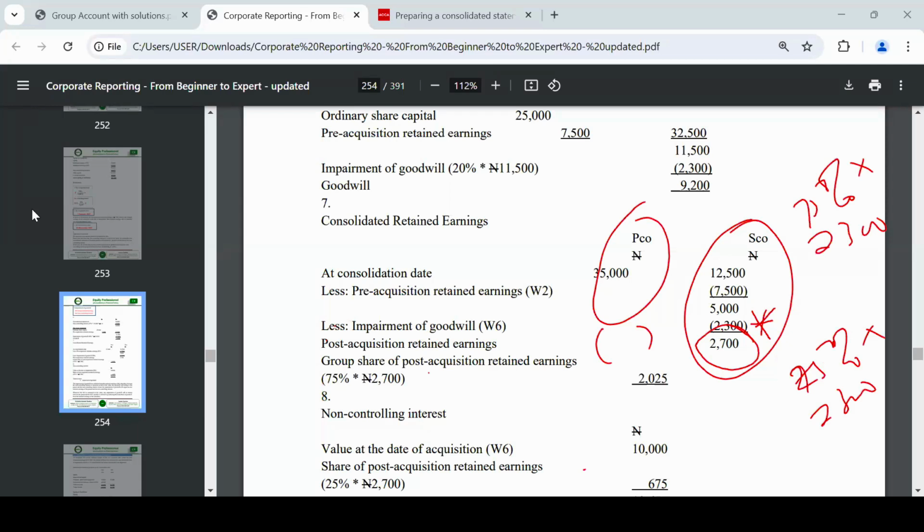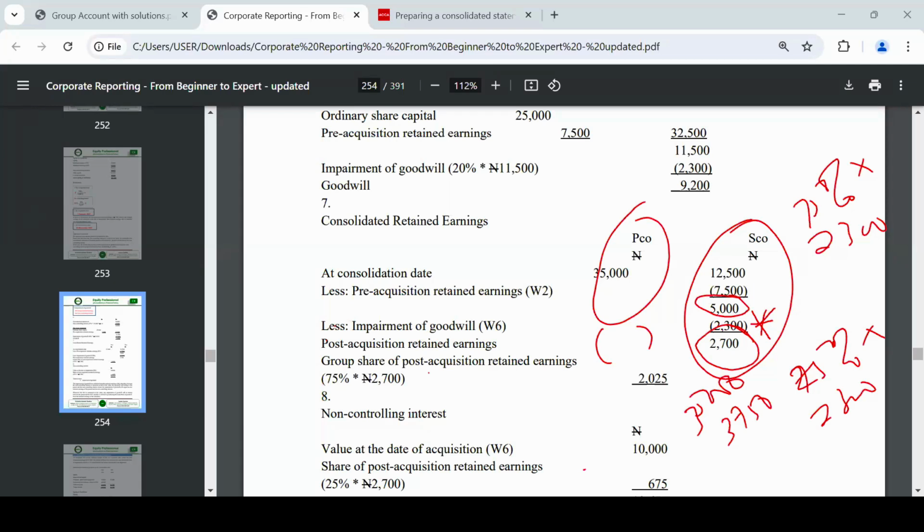In that case, the post-acquisition retained earnings of ESCO that you will be sharing will not be 2,700, it would have been this 5,000. You would have realized that if I said 35,000 plus 75% of 5,000, it would have been 3,750. And if I did 75% of 2,300, I'll get an amount 1,725.